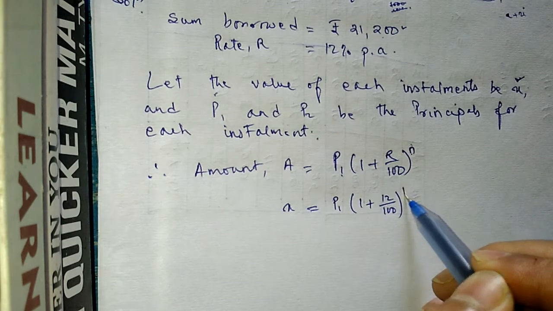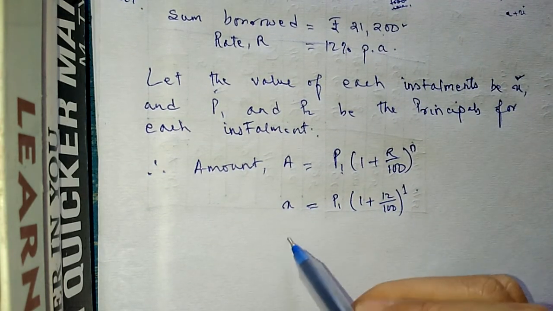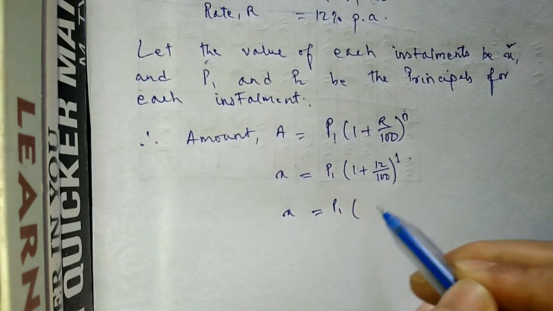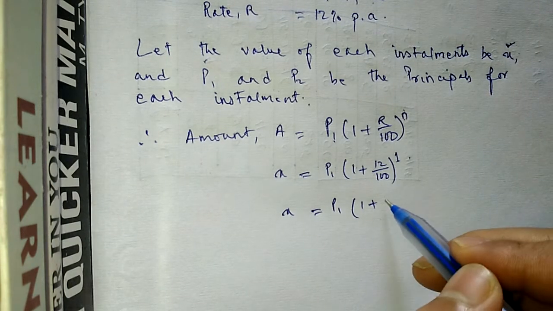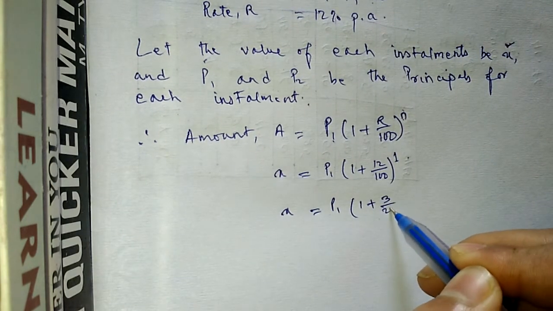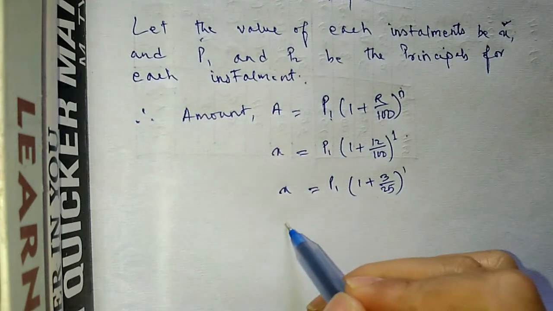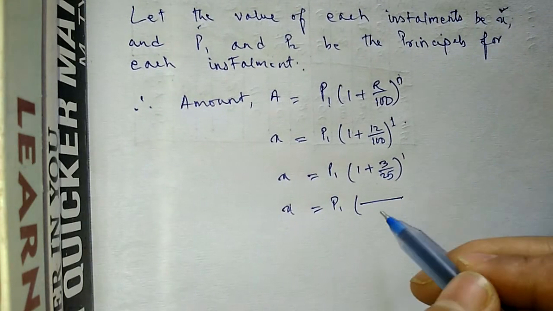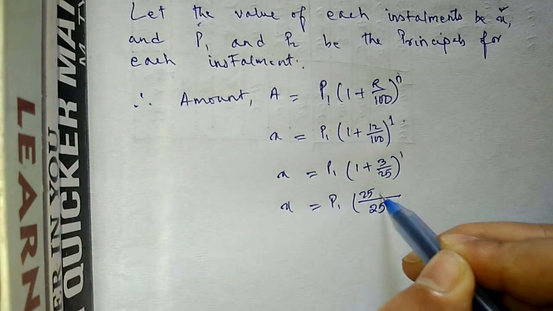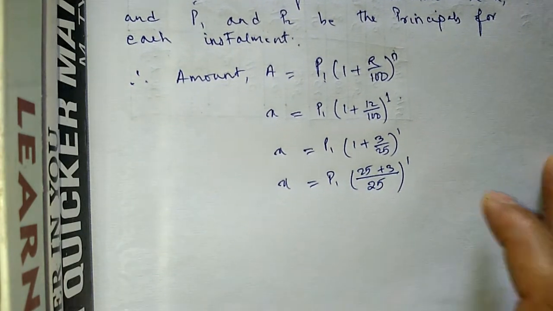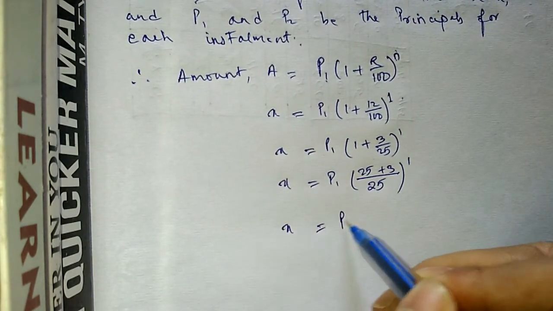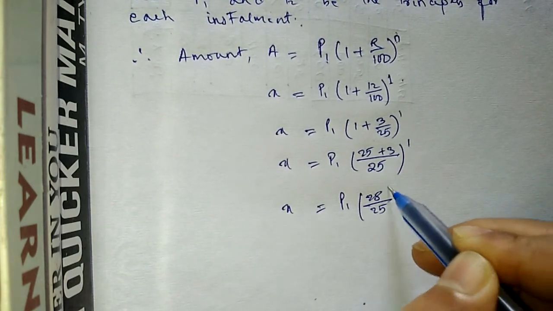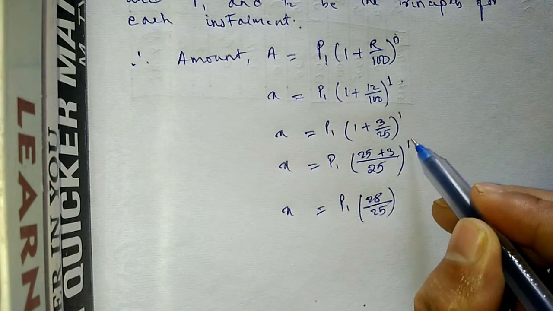Then X is equal to P1, reduce this by 4, 4 3s are 12, 25, and the first year X equal to P1, take LCM which is 25, plus 3. Then X is equal to P1 times 25 plus 3, that is 28 by 25. Since it is power 1, we remove the power 1 as it is already 28 by 25 one time.